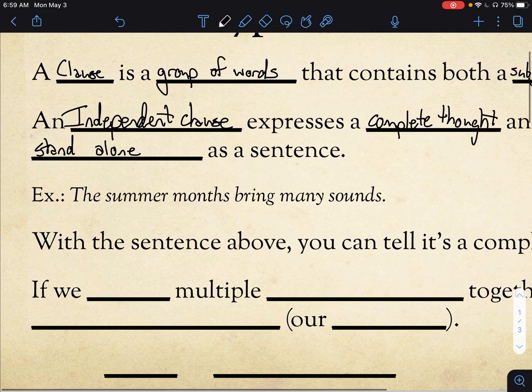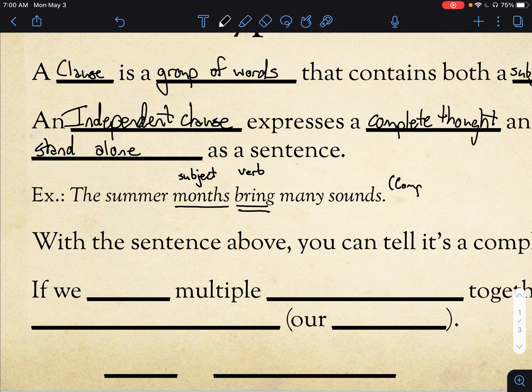So this idea, like this example, the summer months bring many sounds. So we have our subject, months, and our predicate or verb, bring. So if you want to write yourself a little note, verb, subject, and think to yourself, okay, is there any other information that can be contained within this sentence? No? If not, it's a complete thought. Okay?